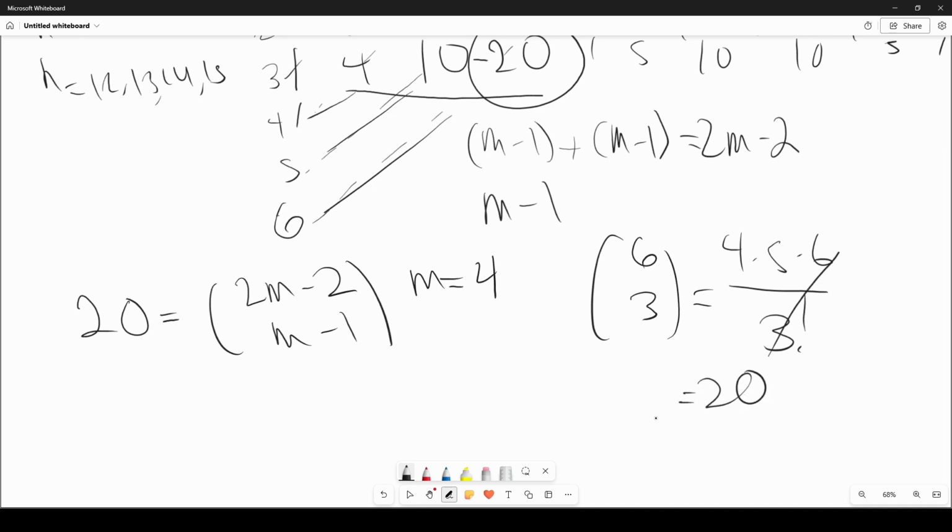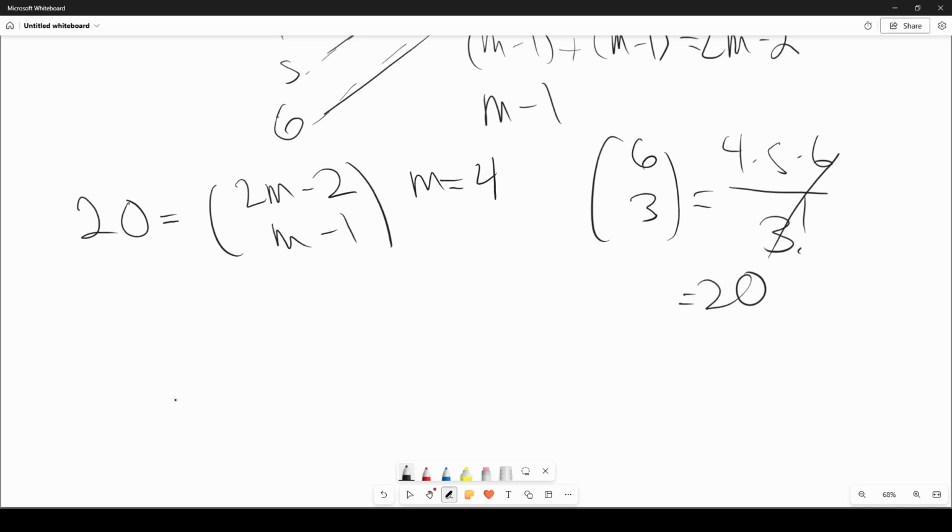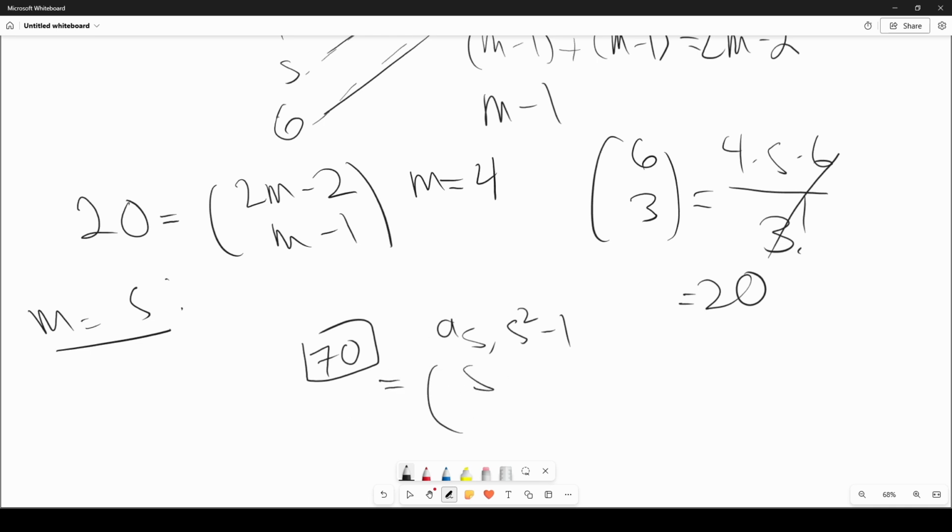So yeah, this works. If you would like to, I recommend trying m equals 5 on your own. You'll get that the corner should be 70, this being a5 comma 5 squared minus 1. And 70 is indeed equal to 8 choose 4.